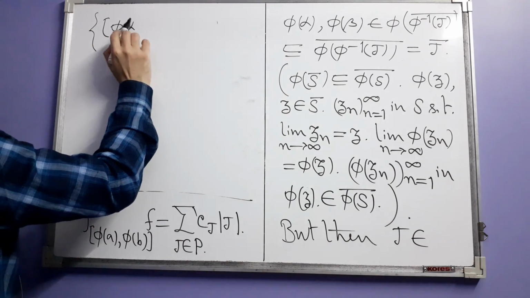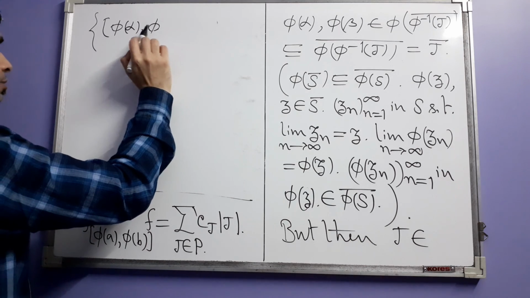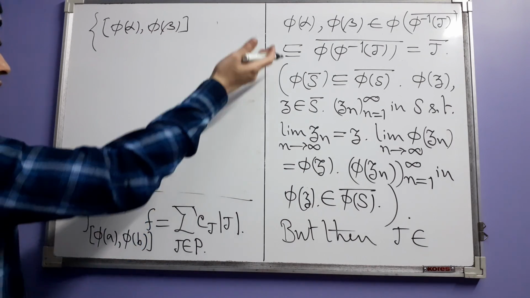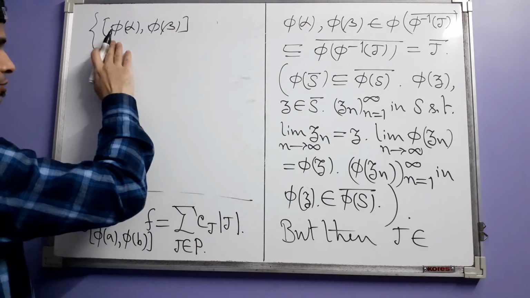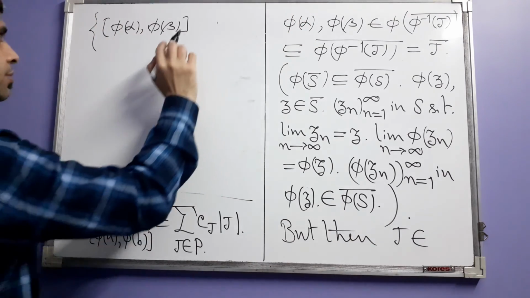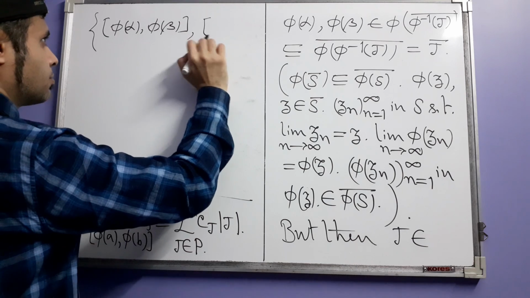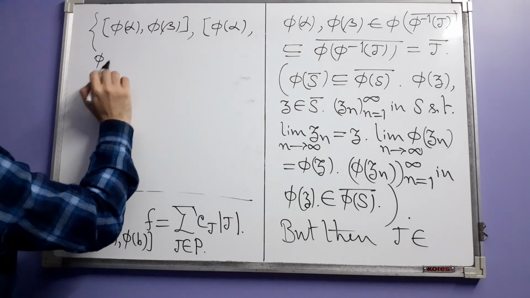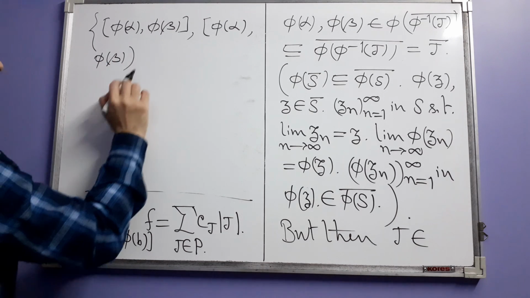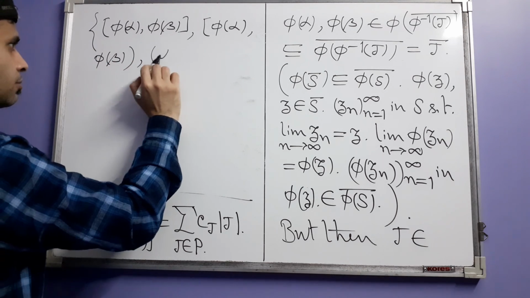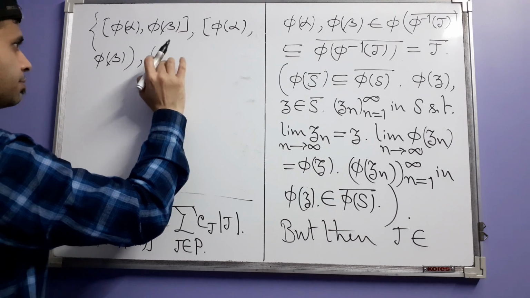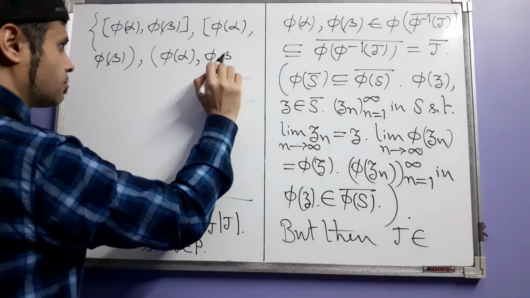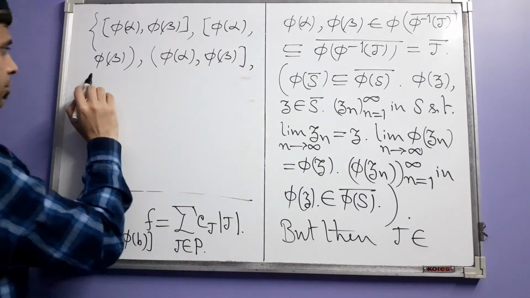Either it is phi alpha comma phi beta, in which case you can clearly see that they belong to the closure of this because the closure is this itself, or closed open interval, or open closed interval, or open interval.